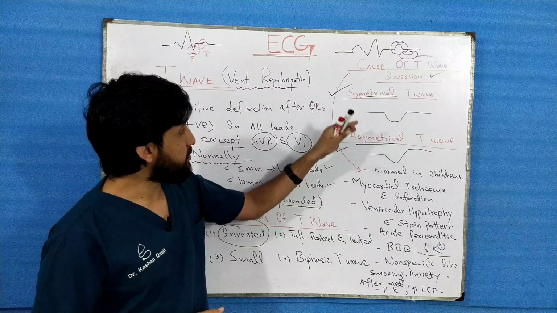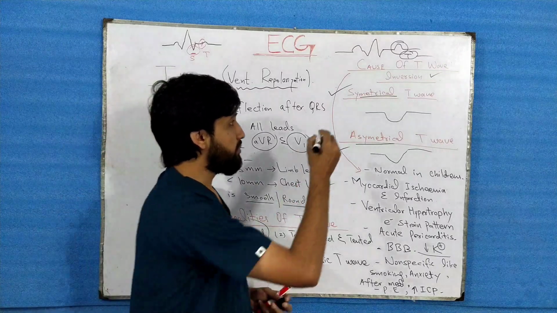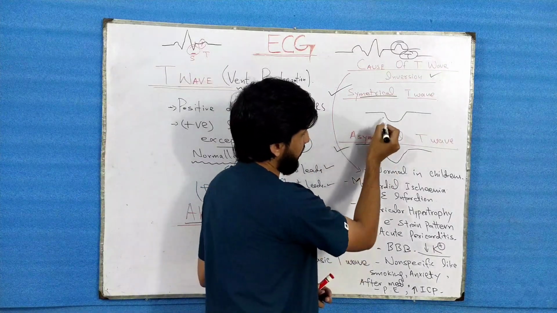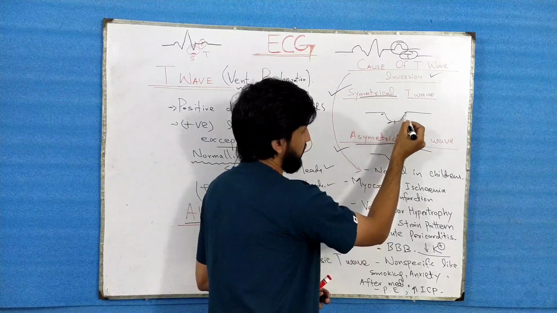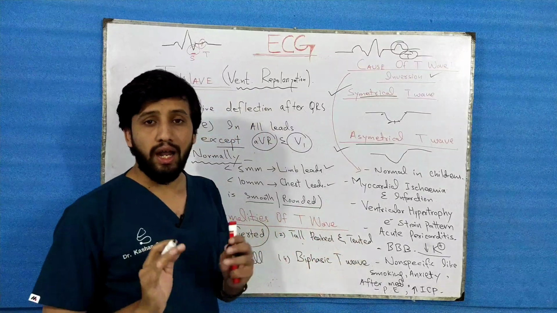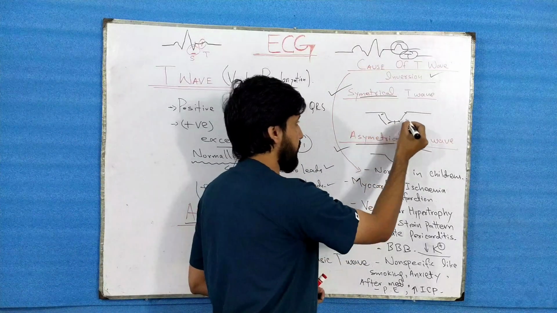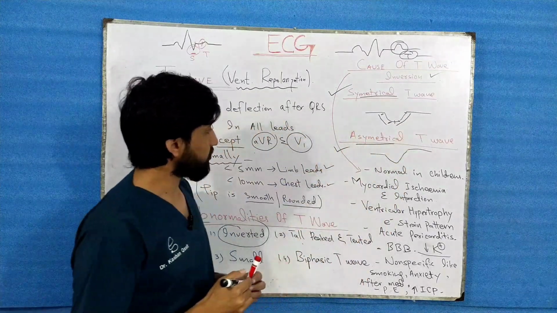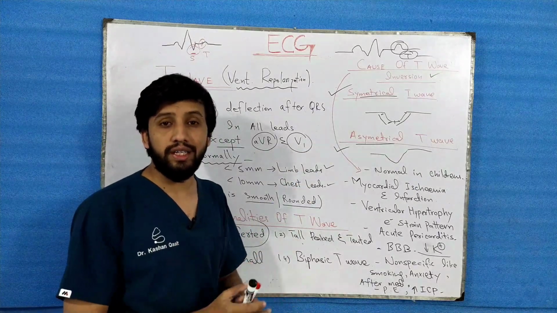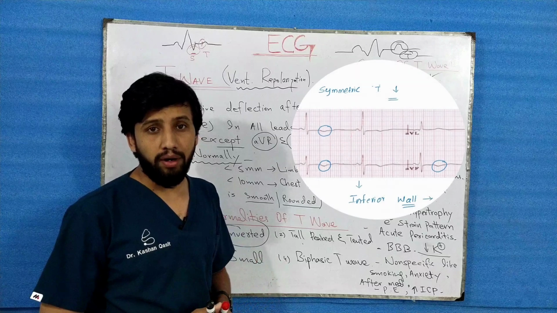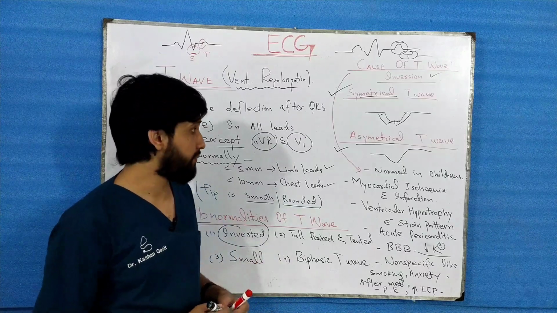The basic difference between these two is that in symmetrical T wave inversion, the first arm of the T wave and the second arm are both almost the same. This symmetrical T wave inversion is seen usually in conditions like inferior wall MI or lateral wall MI.